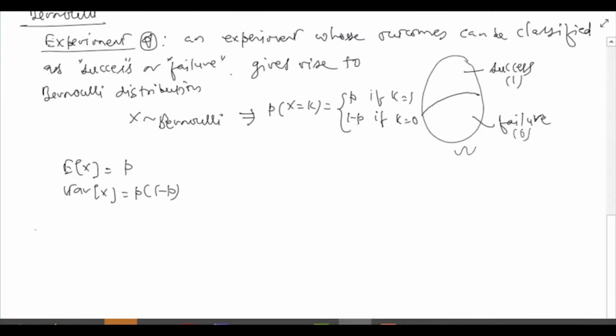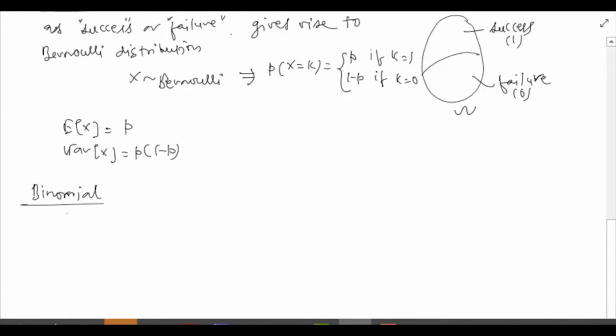Now we look at the third random variable that we commonly see, and it's binomial. To understand the binomial random variable, let us consider n repetitions of the above experiment, that is experiment star, and count the number of successes.